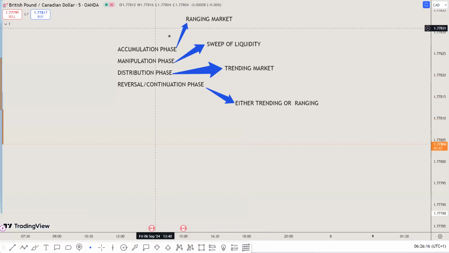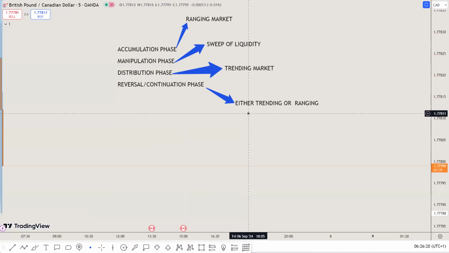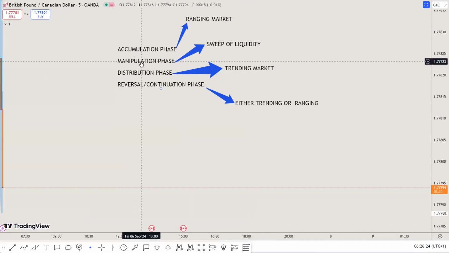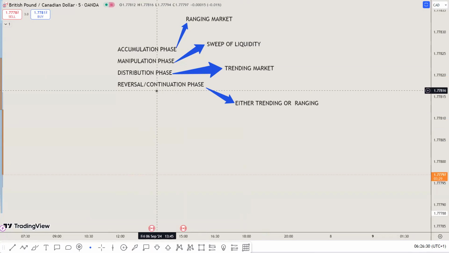So these are the phases of the market. It's more like a cycle. It starts with the accumulation phase, manipulation phase, distribution phase, reversal and continuation phase. I wouldn't want to stress you much by breaking down the yearly, the daily, the 90-minute cycle, 4 hour and all that. No, we already have a tool that prints these out for you.